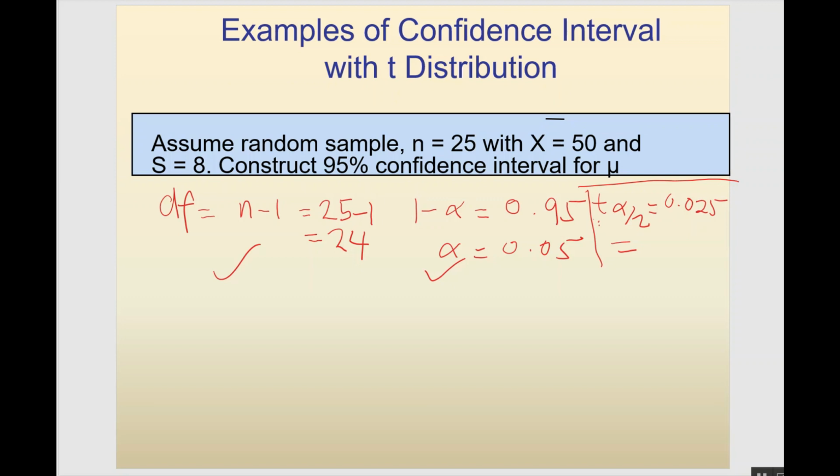So each of them will have this value. That's how you read from the table. So basically this is what you get, 2.0639, or from the table just now, 2.064. Then only you can construct your confidence interval.